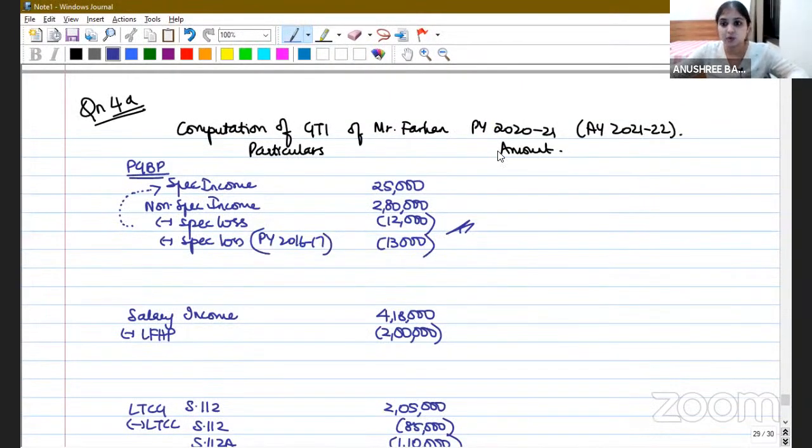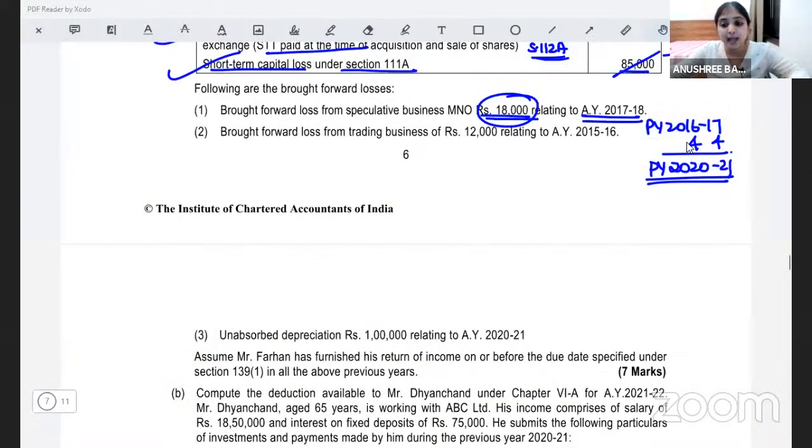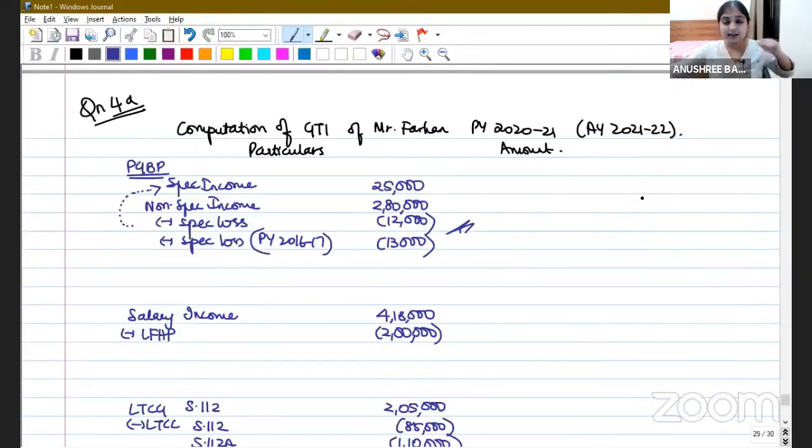Why will it lapse? Because this 18,000 belongs to previous year 16-17. It can be carried forward only for 4 previous years, which means only till 2021, and the current previous year is 2021. So in 2021, whatever we can adjust, fine. Beyond that, the balance will just lapse.